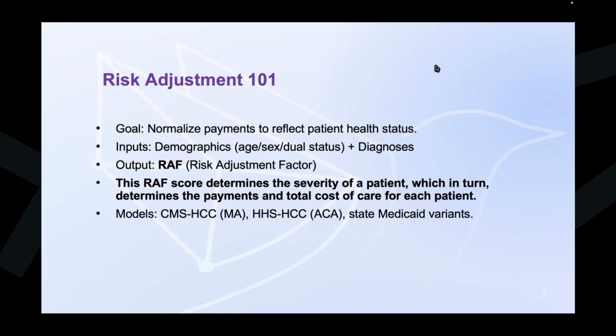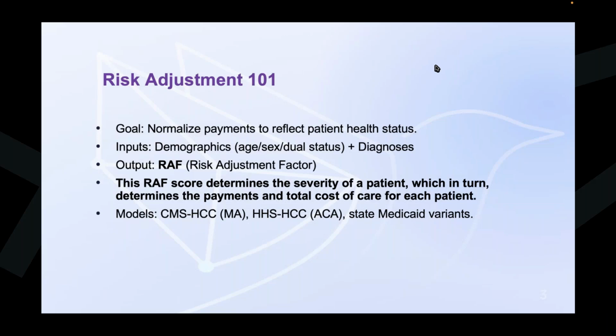At the end of the year, CMS looks at a person's score and then makes a single payment to the providers and insurances. Those insurances then have to manage that one-time capitated payment over the entire year, which is why it's extremely important that an accurate RAF score is calculated.